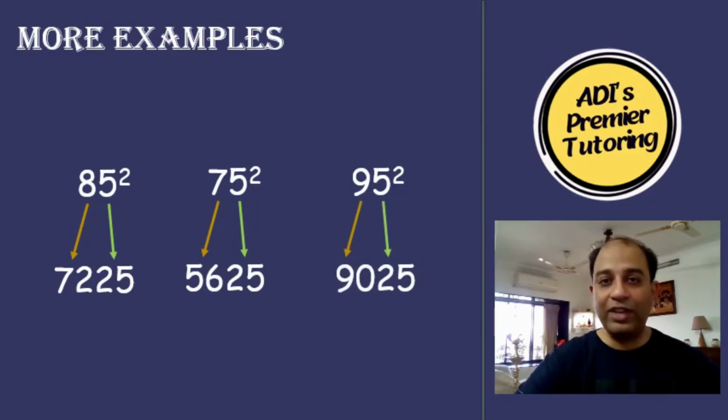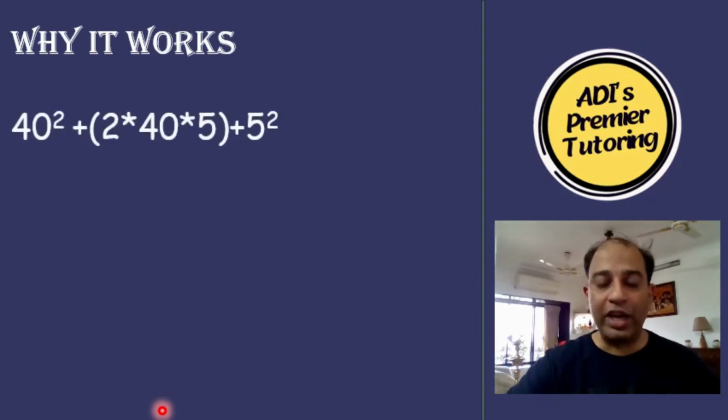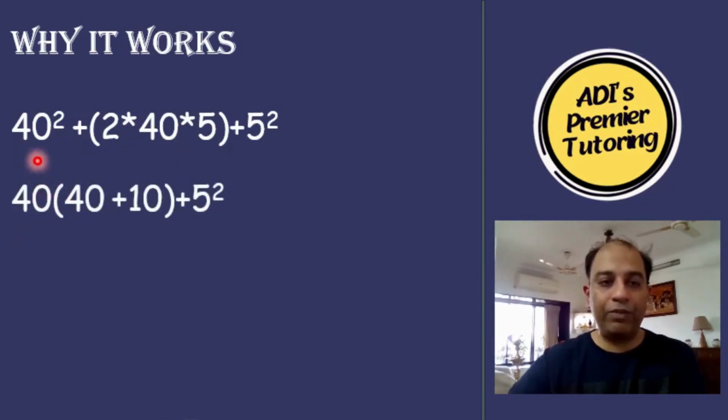Let us understand why this trick works. So we'll go back to our previous example of 45 square, which is 40 plus 5 the whole square, and using the formula a square plus 2ab plus b square, we get the following equation. Now we're going to simplify this equation further by taking 40 common. So we'll get 40 from here and here, and we have got the remaining 40 over here, and 2 into 5 is 10.